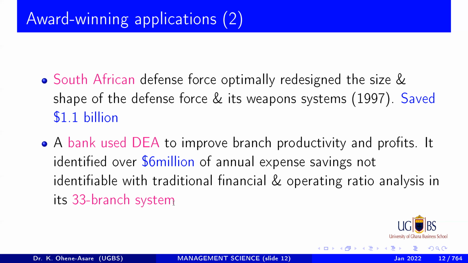And in 1 year, they were able to save $6 million that were not identified using traditional financial and accounting ratios. And so it goes to show that beyond accounting ratios, something else can bring about efficiency.